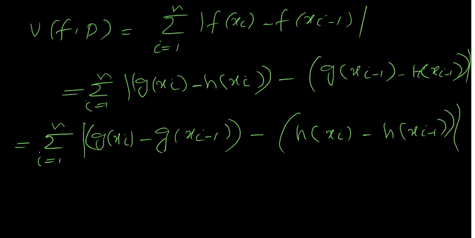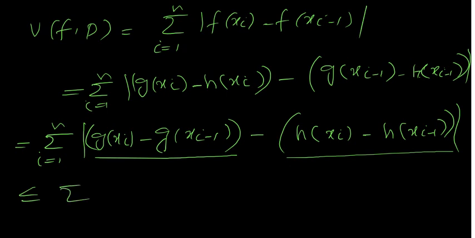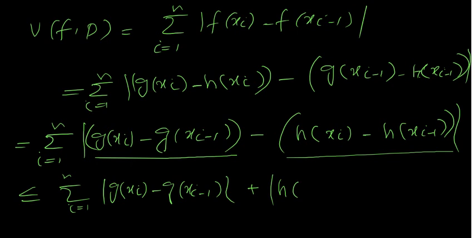Now we apply the triangular inequality. This is mod of a minus b, which is less or equal to mod of a plus mod of b. It's less or equal to the summation i runs from 1 to n of mod of g of xi minus g of xi minus 1 plus mod of h of xi minus h of xi minus 1.